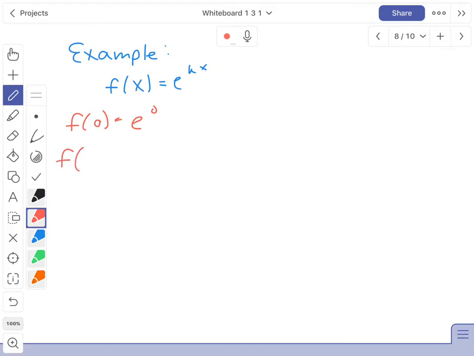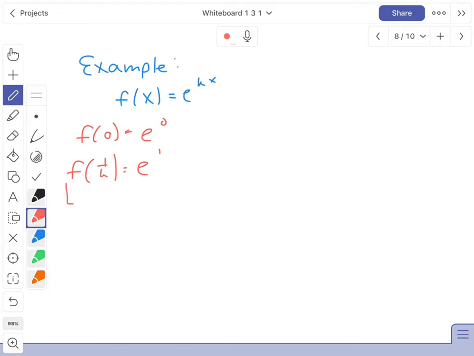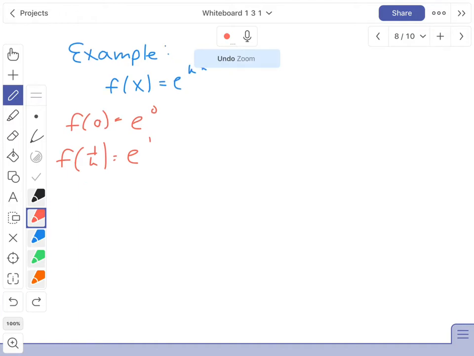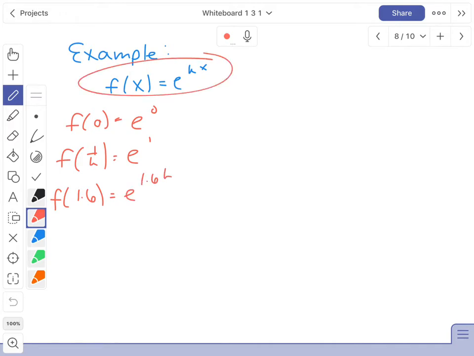I could definitely do f of 1 over k, because that would be e to the first power. But if it's anything else, like even if k was 1.6, I'm just not going to be able to do that. What is e to the 1.6? I don't want to use this function. This function is very complex.